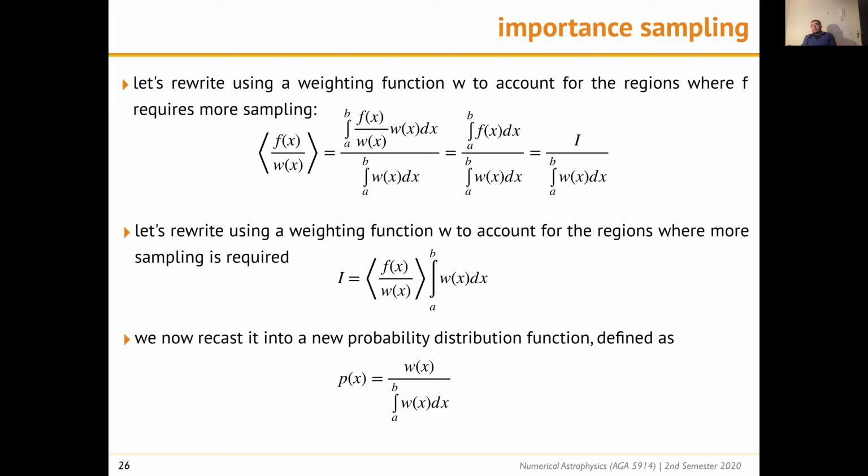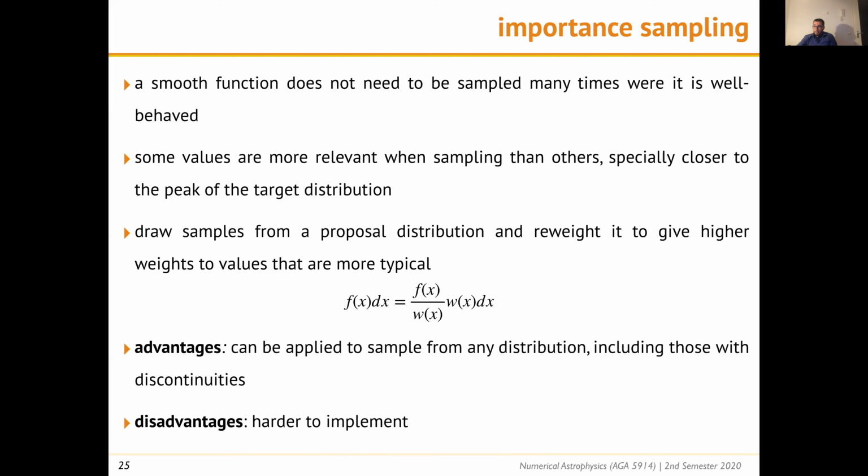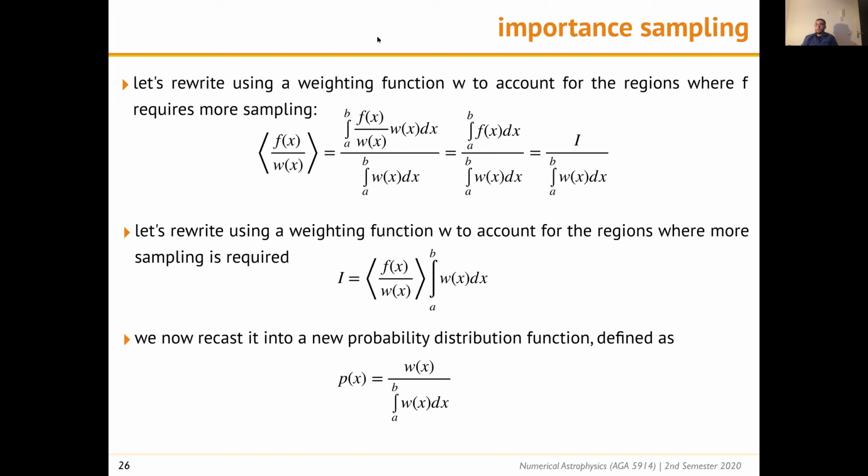Okay, let's write this using a weighting function w to account for the regions where f requires more sampling. So again, we have this problem, and we are going to take the average value of this now, the average of f of x divided by w of x. We know how to do that.